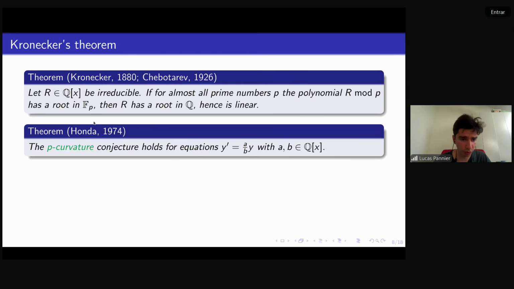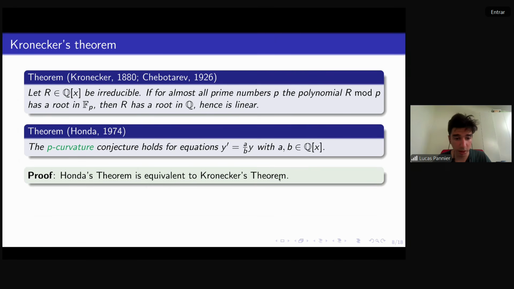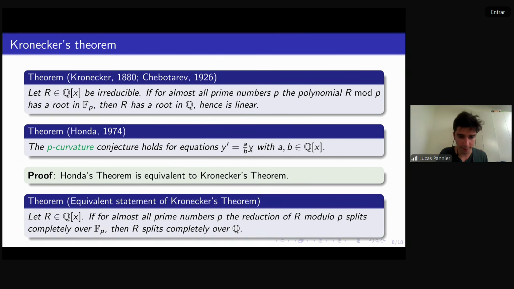So if we recall Honda's theorem, and we recall that we have reduced Honda's theorem to Kronecker's theorem, and both theorems are equivalent, well, this consists of a proof because we know that Kronecker's theorem is true. And this was actually Honda's proof. We can state Kronecker's theorem in another way for a non-irreducible polynomial, by replacing the statement that the polynomial R has a root by the statement that the polynomial R should split completely.